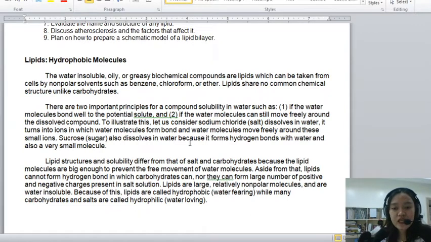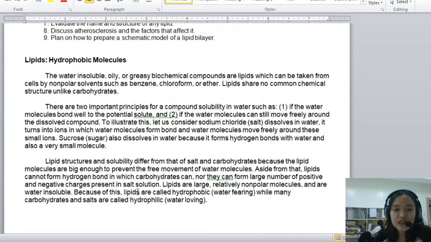So, they can form a large number of positive and negative charges present in solution. Unlike your salt solution that can create positively and negatively charged ions, our lipids will not form those kinds of ions. So, another X factor for your lipids. Lipids are large, relatively non-polar molecules and are water insoluble.